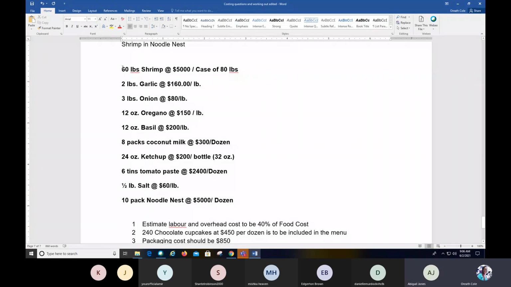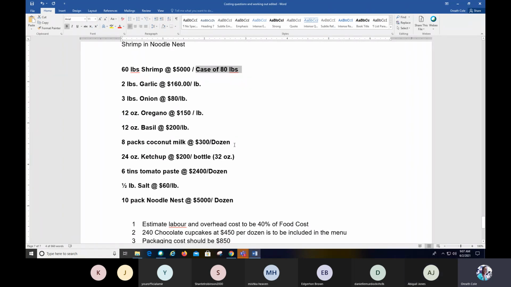So this is what we have to work with, right? So we want to find the cost for each of these. We do not know that, but we know how we buy it. Remember, when you buy things, you normally buy by the bulk, or you buy more than what you normally use to break down the recipe.